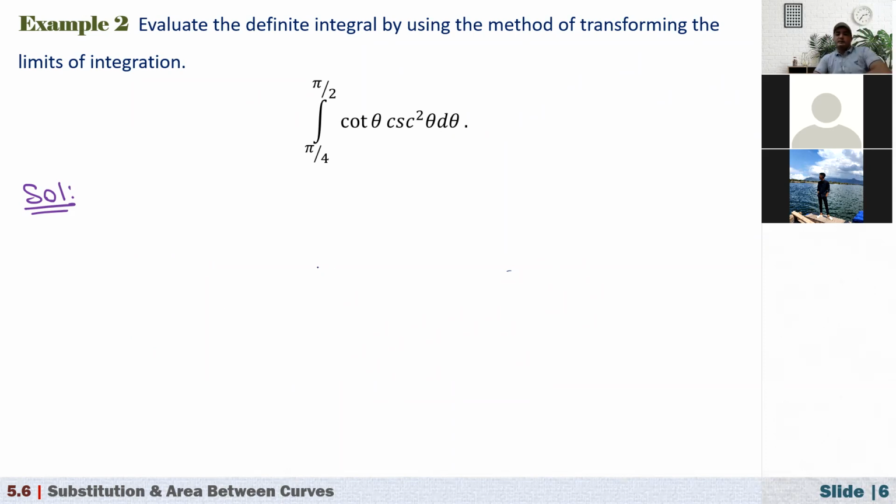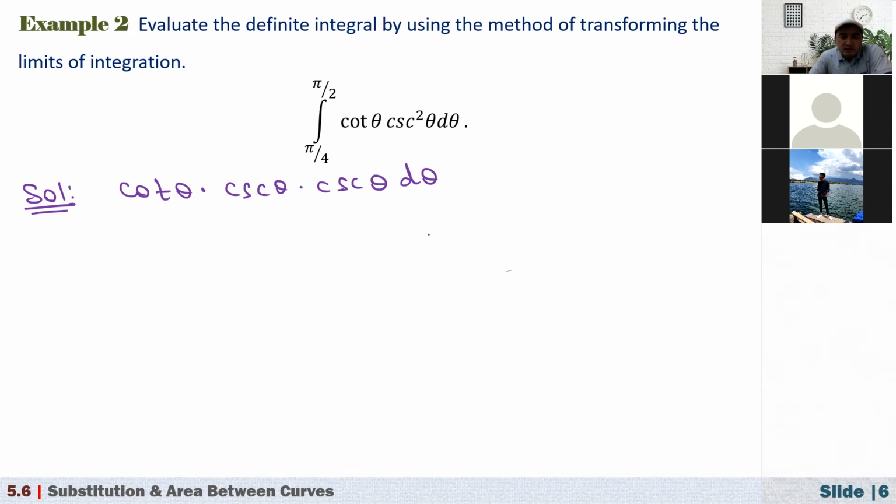So now we know this cotangent of theta times cosecant squared of theta, right? Let me just rewrite it first. Here we have cotangent of theta, and this cosecant squared of theta we can write as cosecant of theta times cosecant of theta, and here we have d theta.